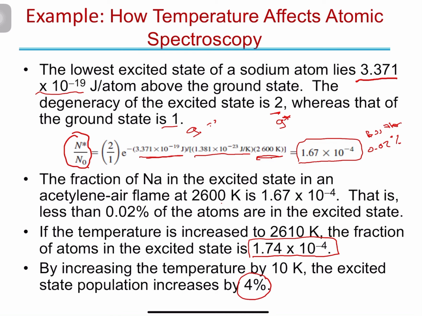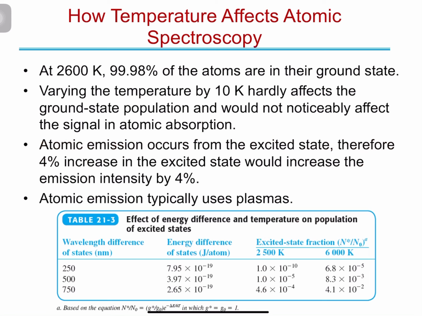However, the ground state population is reduced by only a very tiny amount, because at 2600 Kelvin the ground state population is 99.98%, so the vast majority is in the ground state. The change in the ground state will be minimal, but the excited state increased by 4%.